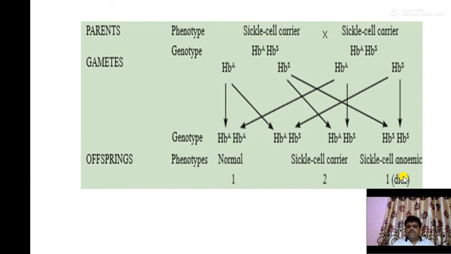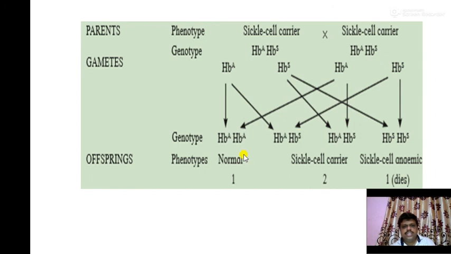So this is the sickle cell anemia ratio example. This is a classical example of pleiotropy, in which a single gene controls many traits.